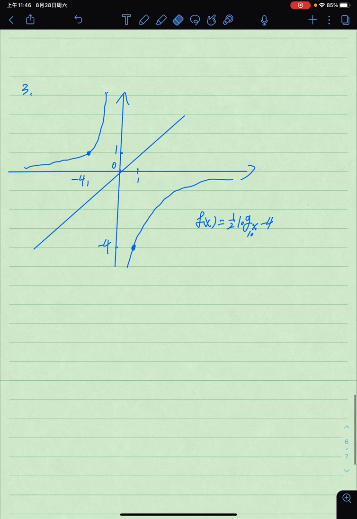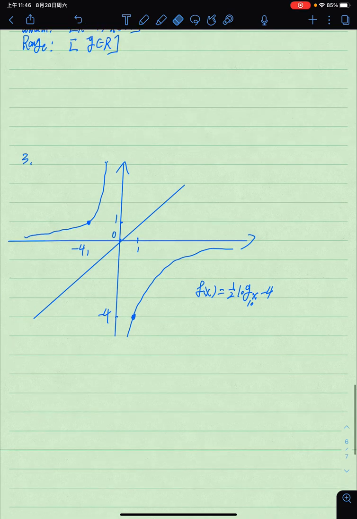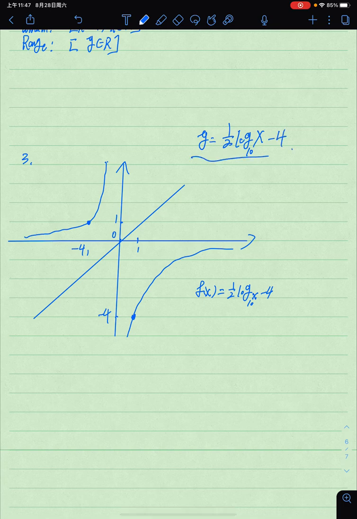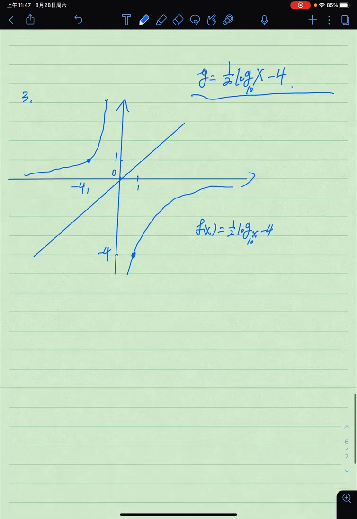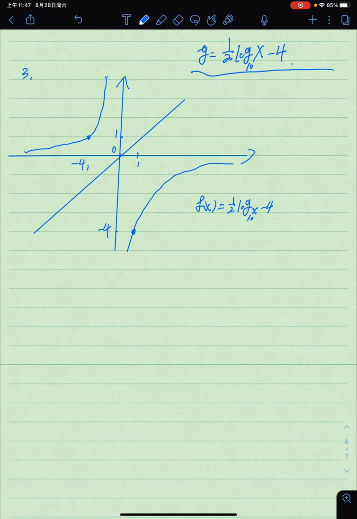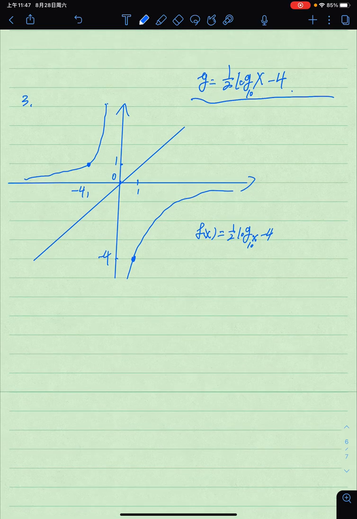So here we've got the final question, the third question. They give us the original function, y equals one half log x minus 4. So here's the original equation. First, we need to graph the line y equals x. So here's y equals x.